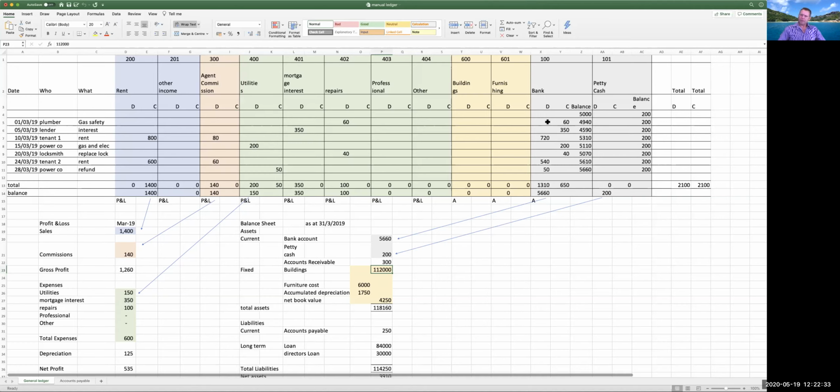And the reason for that is because the bank statement is the bookkeeping of the bank. It's not your bookkeeping. So the bookkeeping of the bank is the opposite of your bookkeeping. Okay, so although the bank is saying it's a debit, and you have over time got to understand that a debit is a payment, in this case, your bank statement on your bookkeeping, it's the opposite way around.